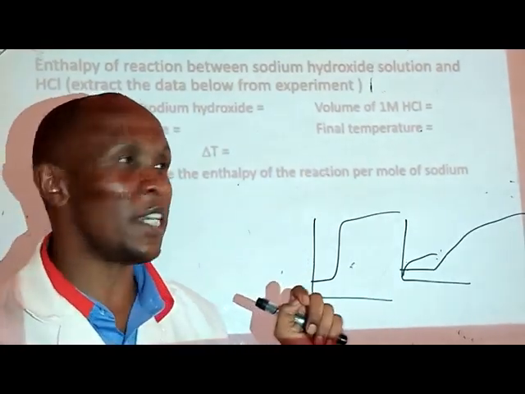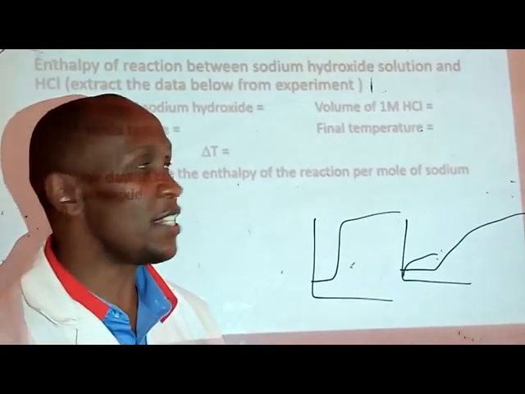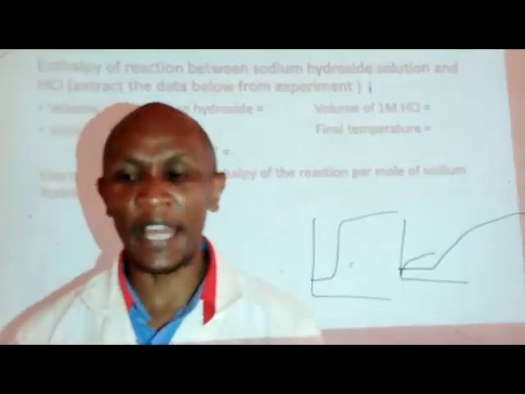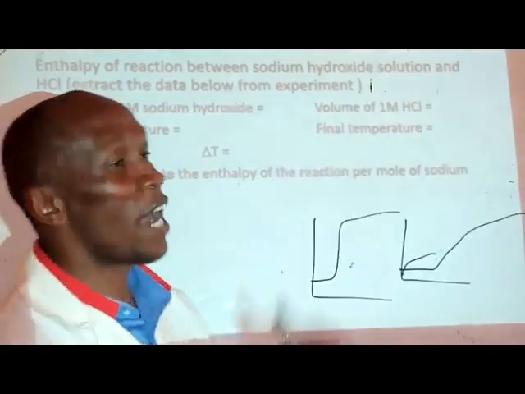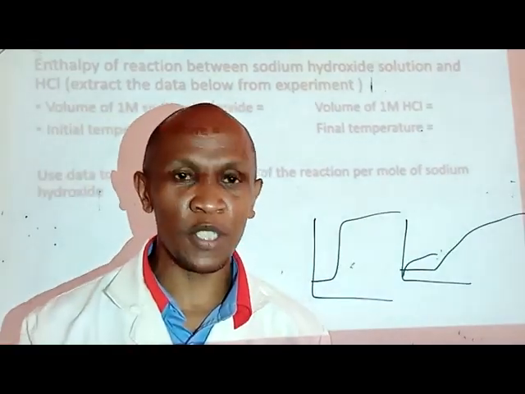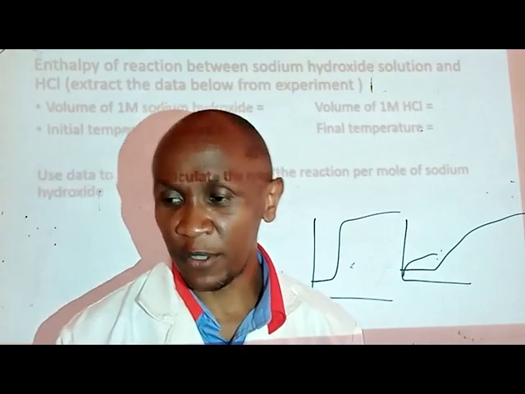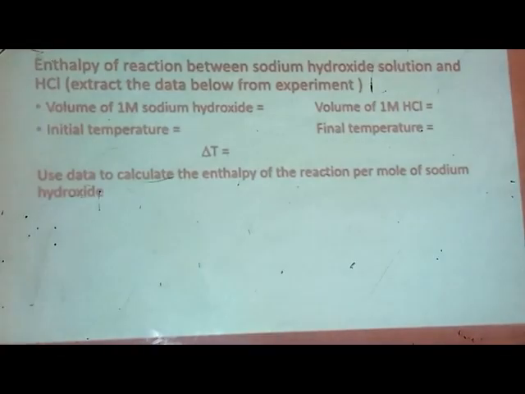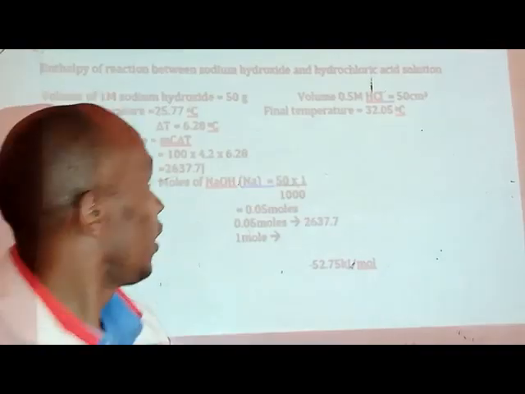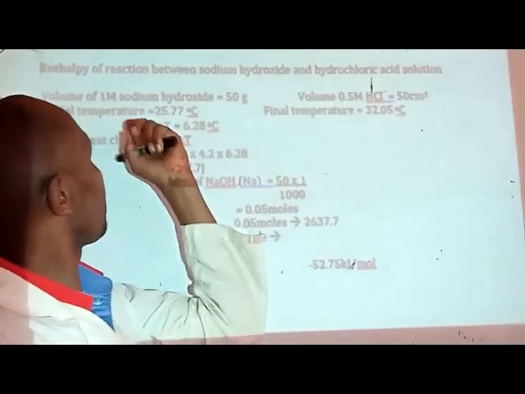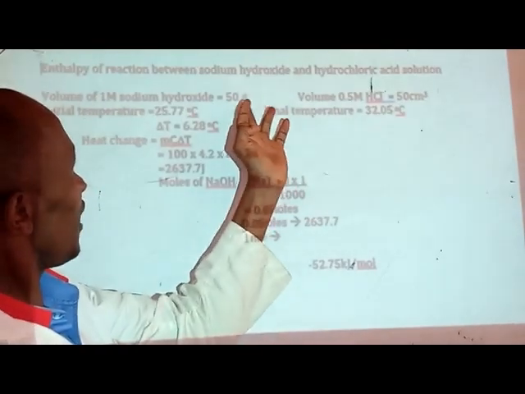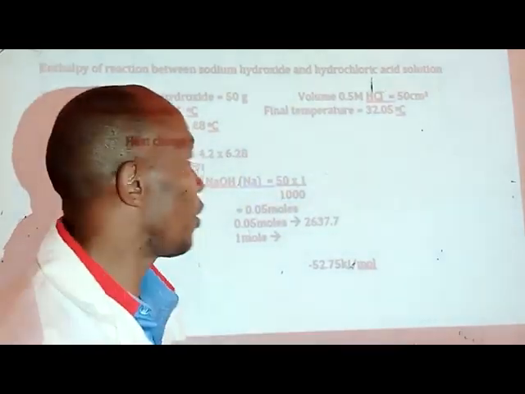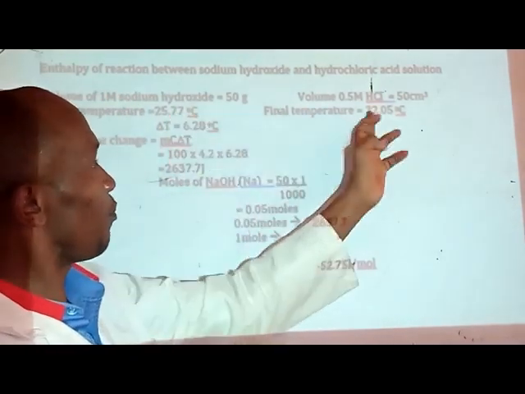So let's proceed now. Assuming that is done and you have extracted the data, please go on to calculate the enthalpy of the reaction between the solid sodium hydroxide and the dilute hydrochloric acid. That is what I have. That is the data: 50 grams of the sodium hydroxide solution, 50 grams of the hydrochloric acid, the initial temperature and the final temperature.